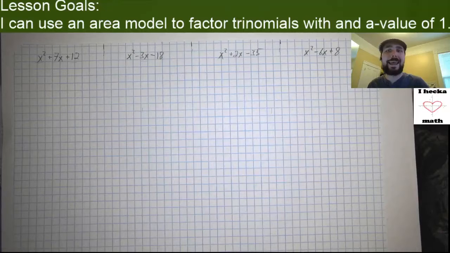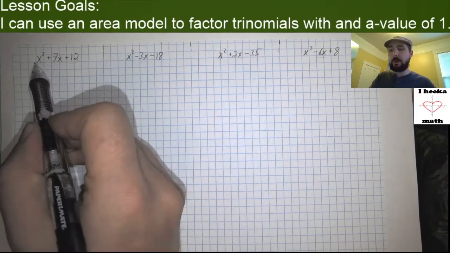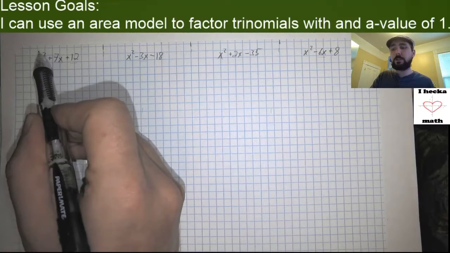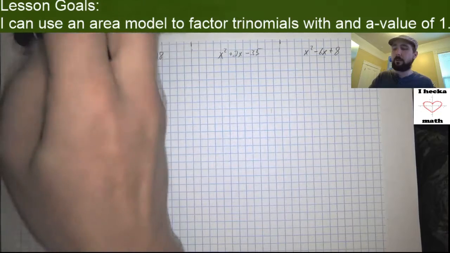And when we say an a value of 1, what we really mean is the number in front of x squared is 1. And here you might be like, but wait, I don't see a 1. But remember, we always assume the number in front is a 1 if there isn't another number there.